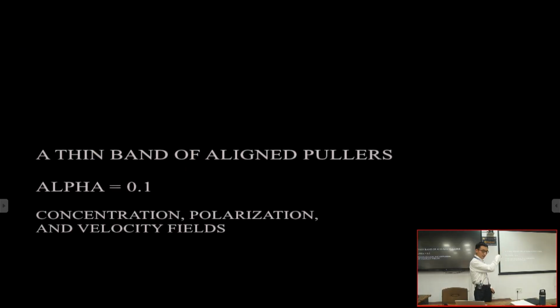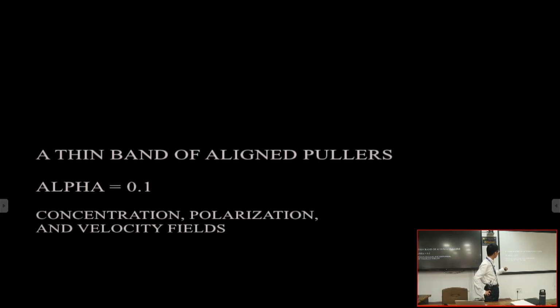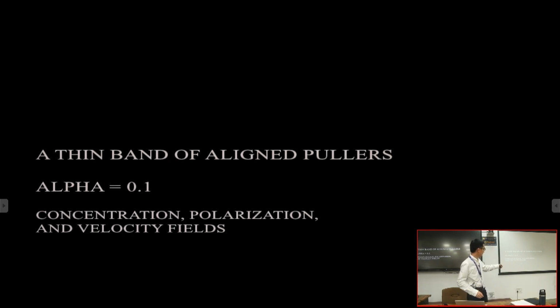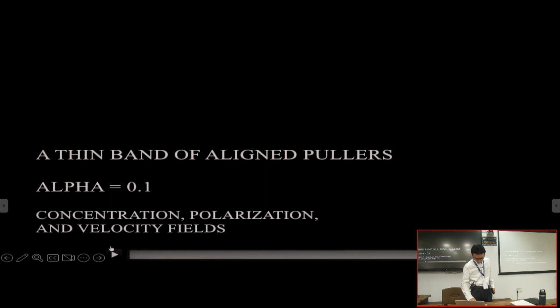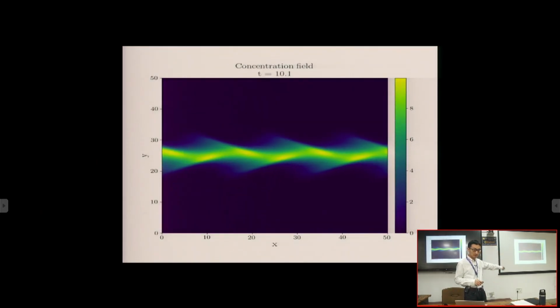Okay, so there's also a video associated with this simulation that we can look at. In this case, again, we have a thin band of polars with a particular level of activity. These things are plotted separately, to your point about what we're actually looking at. So first we're going to look at the concentration of bacteria.